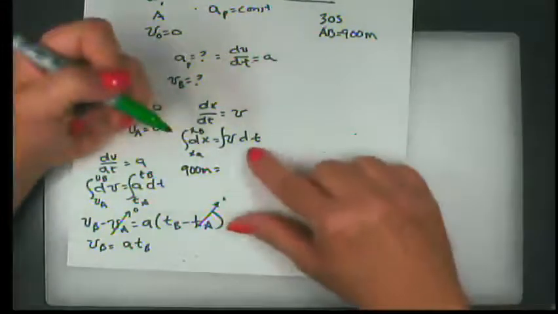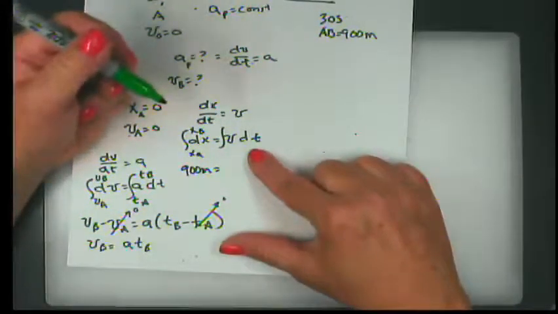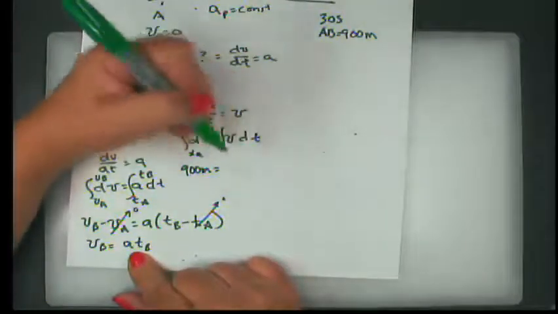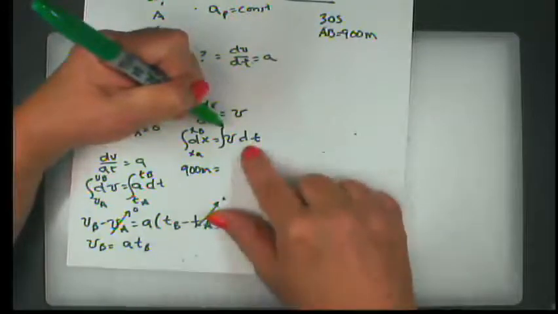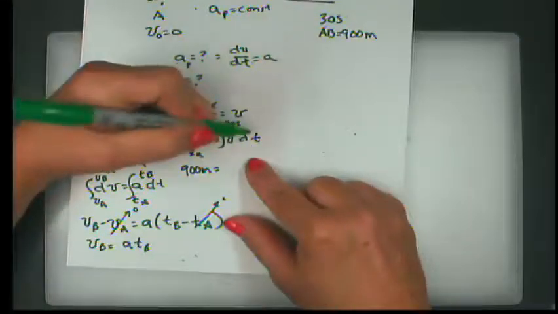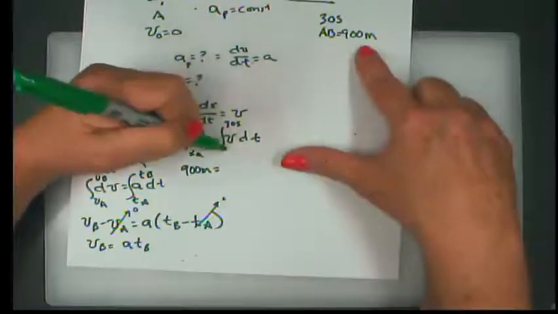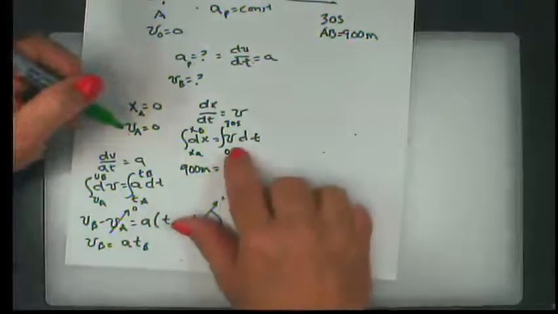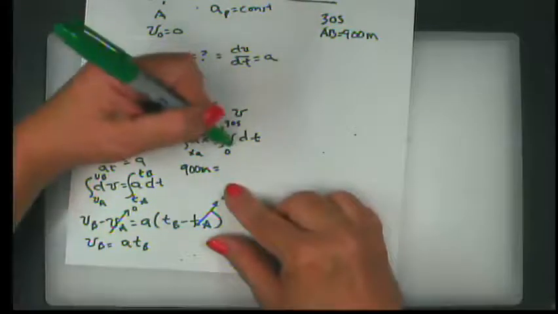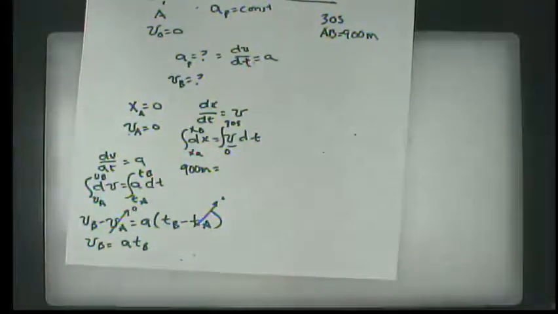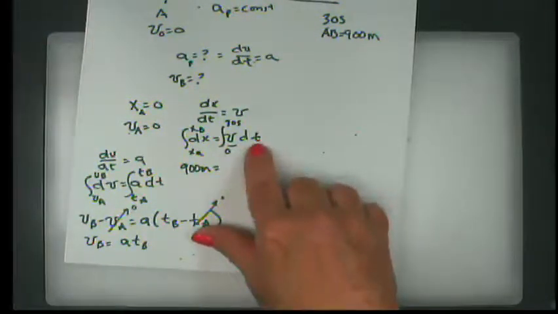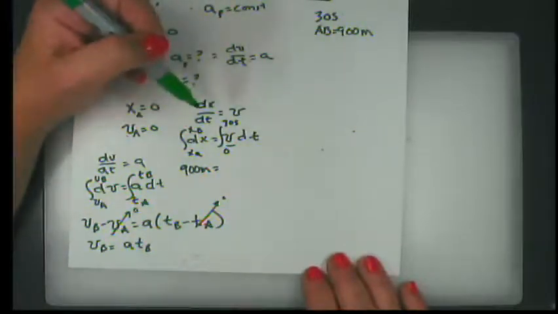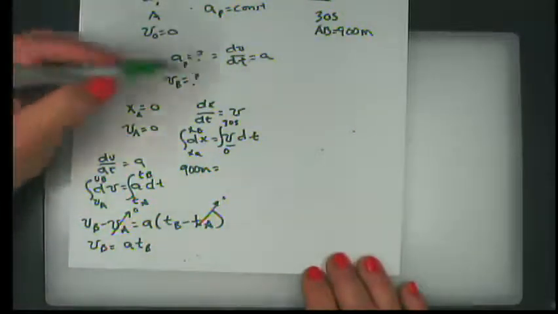And if I take a look at this, I know that my time here is 30 seconds, and I know that my time here is 0 seconds. All right. So I don't really know what this is because it's a function of time itself, right? We don't really know what that is. But we also know that that's going to be linearly increasing.